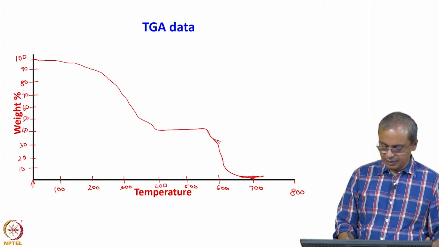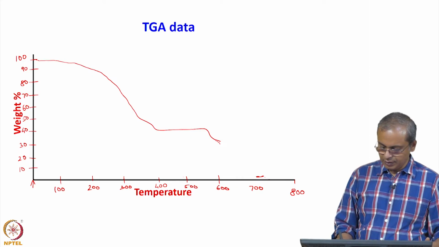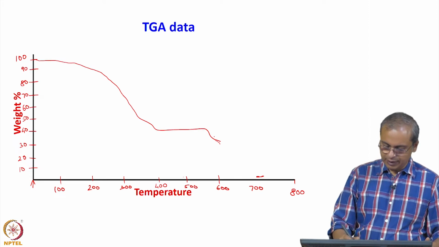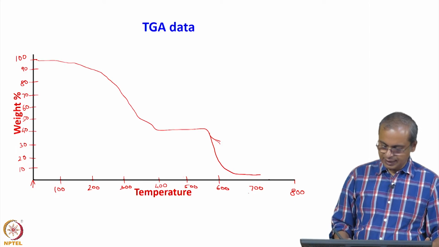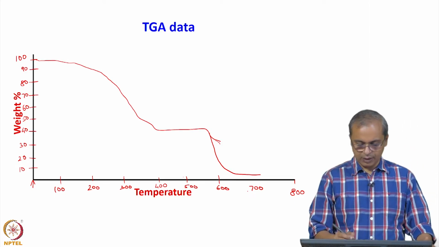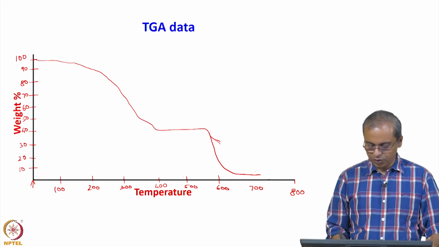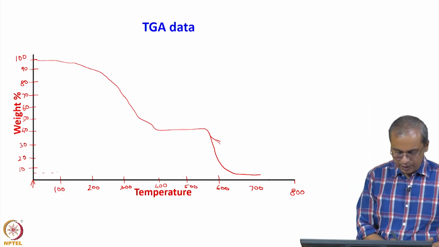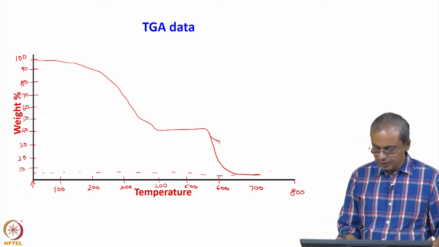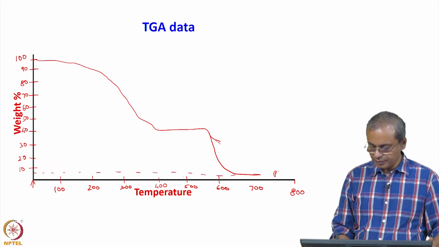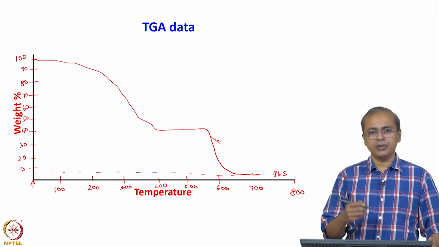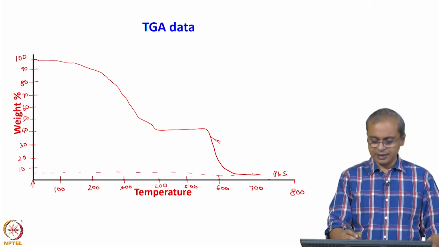It comes down and then just goes off like that, and that is your residual. Whatever is residual is all PbS. This is just a schematic.